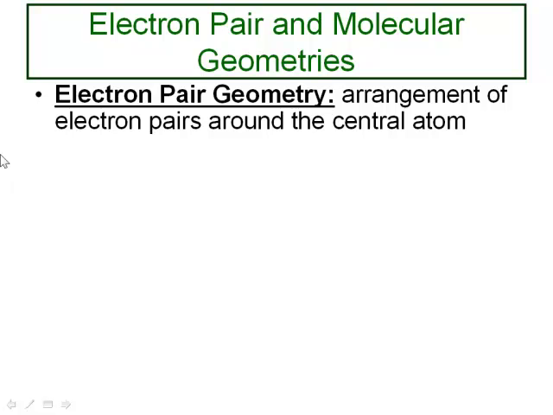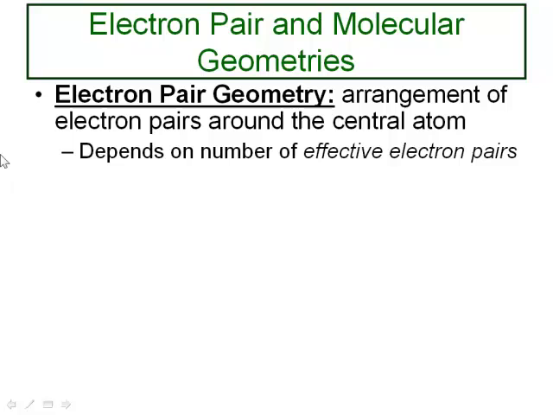Now we're going to make two distinctions, okay? The shape of the overall molecule is determined by where the electrons are and how they arrange themselves. This is called electron pair geometry. This is the arrangement of the electron pairs around the central atom, okay? And it depends on the number of what we call effective electron pairs, which I'll expand upon momentarily.